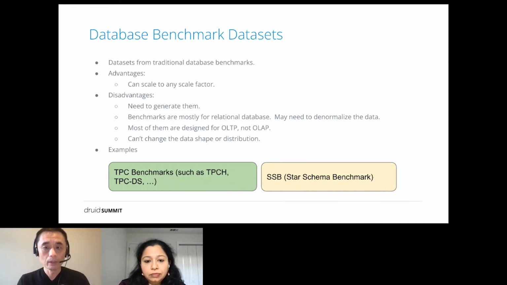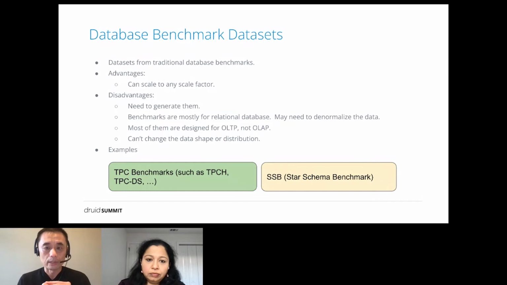The other problem is that those benchmarks are mostly for relational databases, because they are kind of old. Most of the benchmarks are pretty old by now. And for Druid, you will have to denormalize them first, because they are designed for joins, not flat tables.